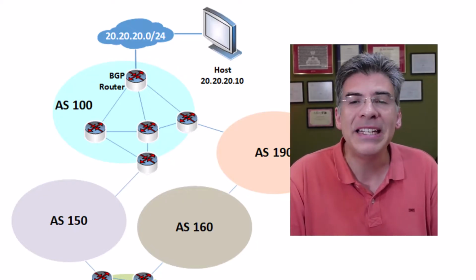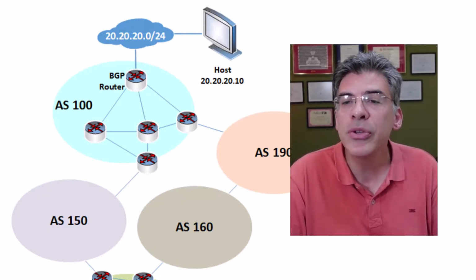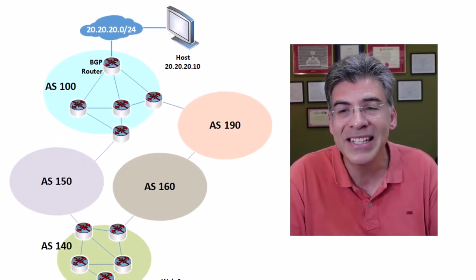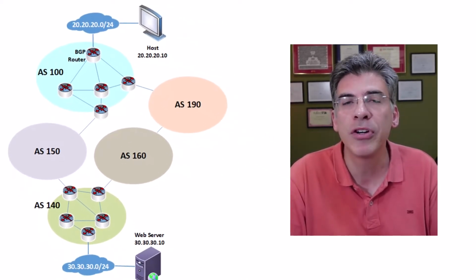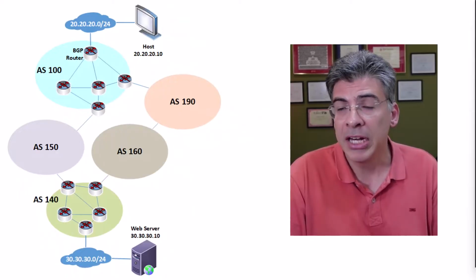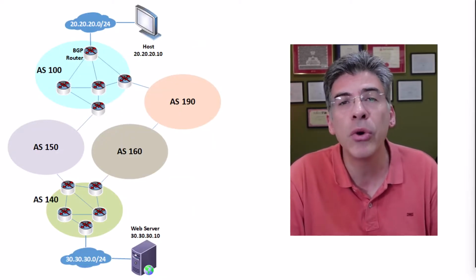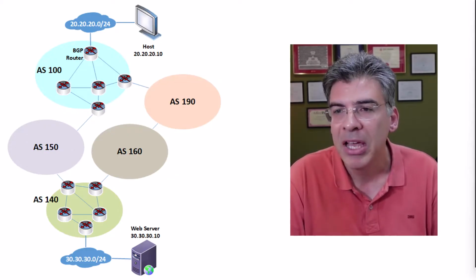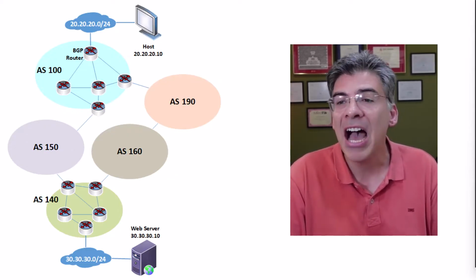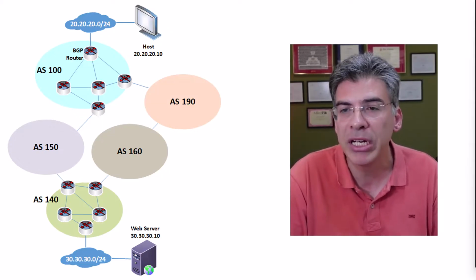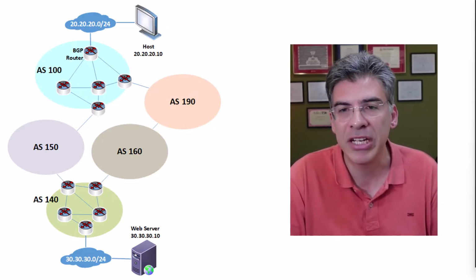Now, what BGP does is it determines the route to a particular destination via the autonomous systems that must be traversed to get there. In other words, for a particular destination, it will create what is known as an AS path. This is essentially a list of AS numbers through which a packet must be routed to get to the destination network.